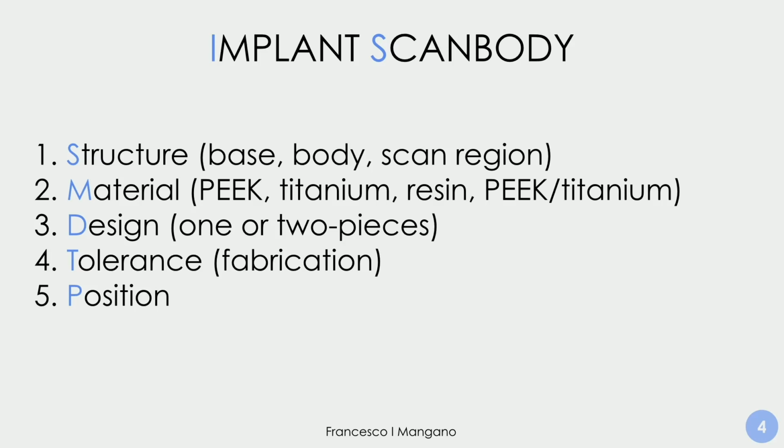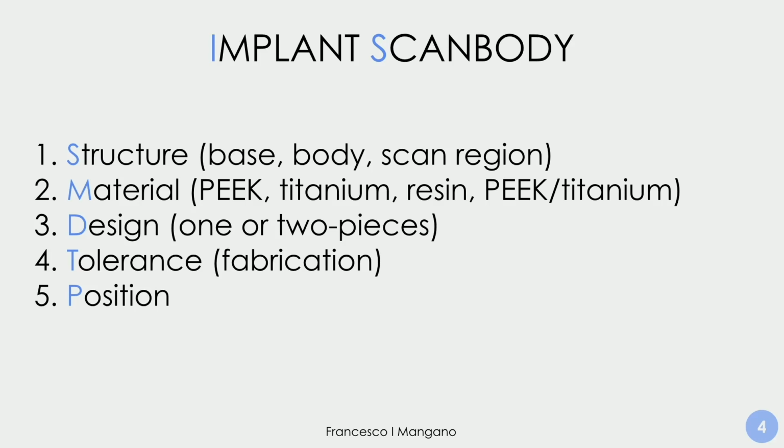That is an index that aids the superimposition, inside a computer-assisted design software, of the library over the mesh. So these are the three most important components of the scan body, and these can be made in different materials: in PEEK entirely, in which case we talk about a one-piece PEEK scan body, or in metal, in titanium or in titanium alloys, and in this case we can have a one-piece titanium or titanium alloy scan body.